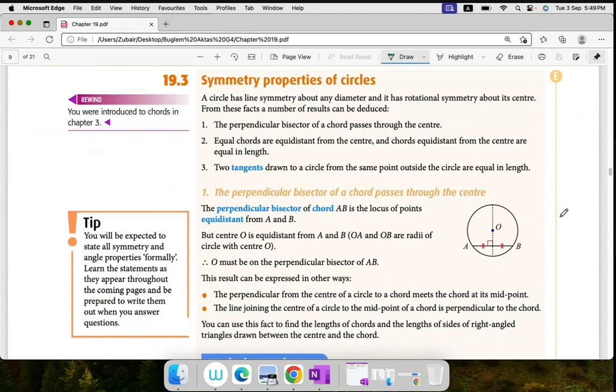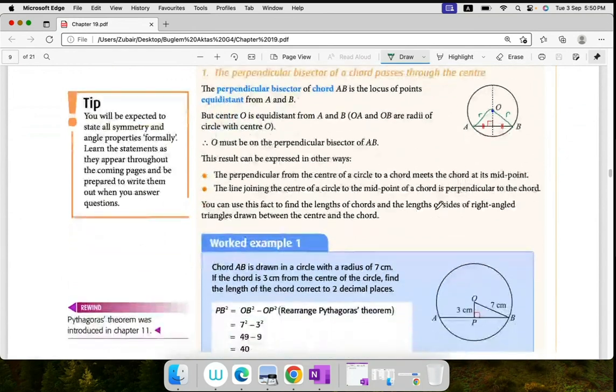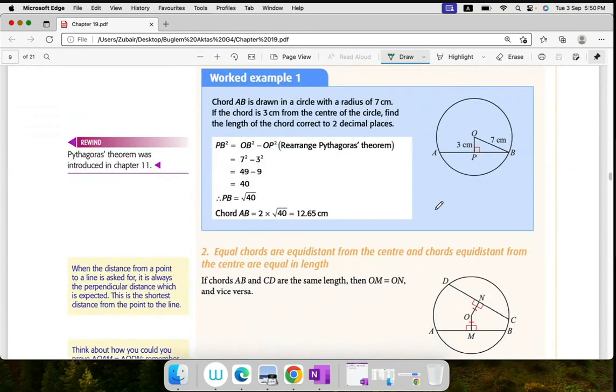So that's the symmetric property. And if I just draw these two lines, that is radius and radius, now I have two congruent triangles working on the same property.